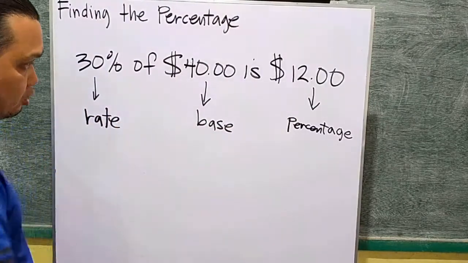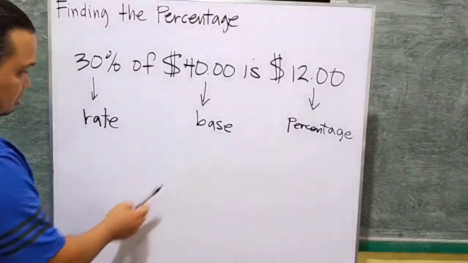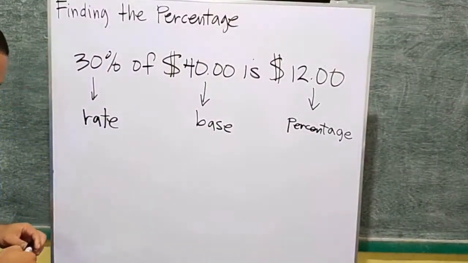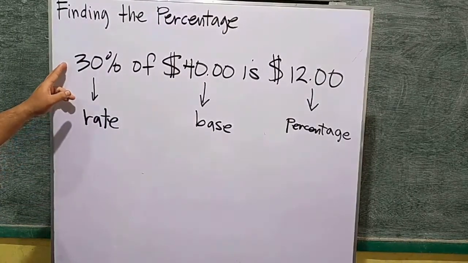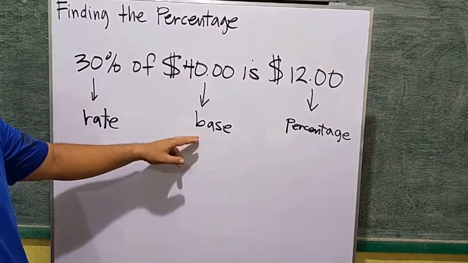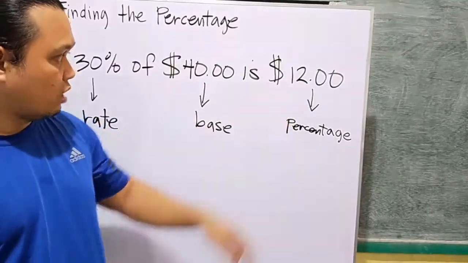So we have three things to remember: the percentage, the base, and the rate. The rate here is 30%, the base is $40, and the percentage is $12.